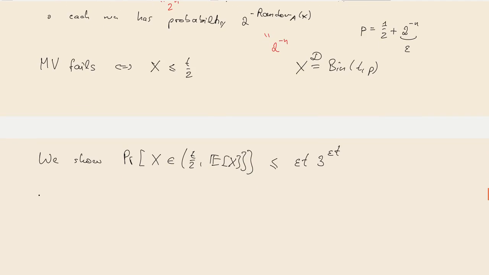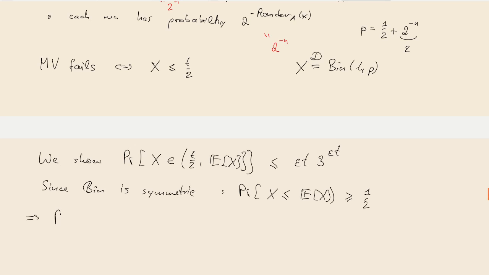And then we'll use that the binomial distribution is symmetric. So the probability to lie on the left side of the expectation is roughly 1/2. We have x less or equal E of x with at least 1/2 probability, just because the two halves are symmetric.